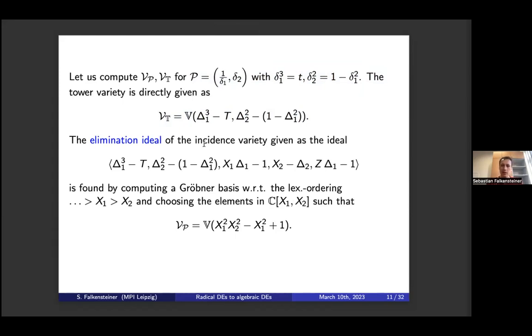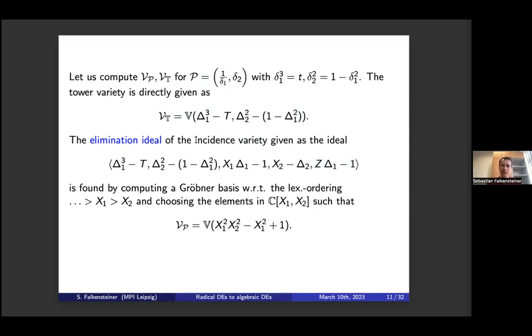Okay, now we want to get the incidence variety. So we add to these equations the defining equation or the implicit equations of the parametrization. So x1 equals the first component, x2 equals the second component, and the denominator should be non-zero.